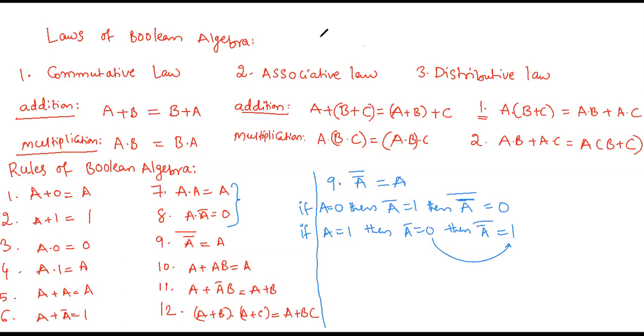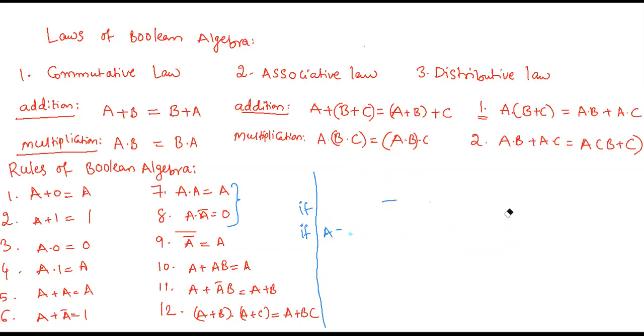Okay. Next, the 10th one. A plus AB is equal to A. Now take LHS.